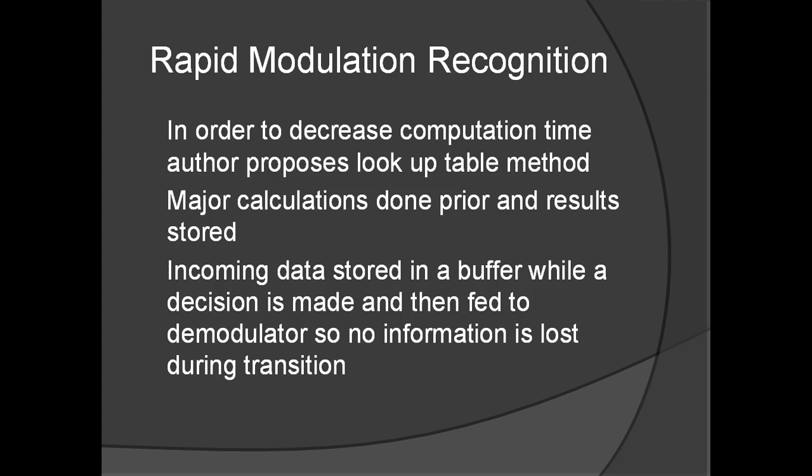So a simple measurement is done when a signal is received, and it is compared against a number of different entries in a table, and basically the most likely modulation scheme is selected from there, and the receiver is told to use that scheme for decoding, and major time is saved in the process. Also, the incoming data is stored in a buffer while this decision is being made so that no information is lost and the transition is seamless.